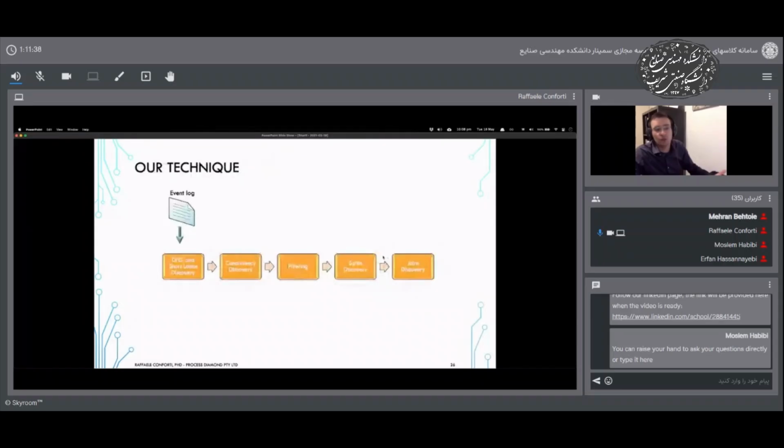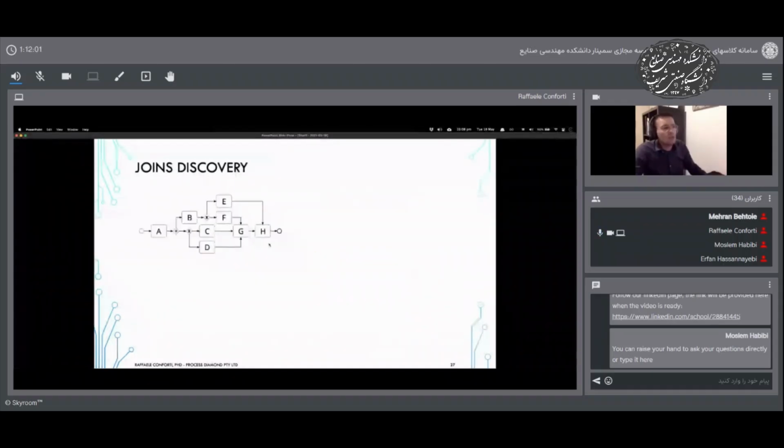The last part is identifying the matching join. In this case, it's a relatively easy approach. There are two ways you can approach it, an easy way or a more complex one. In this case, we're just going to discuss the easy way. The easy way is to introduce gateways before an activity with multiple incoming arcs.